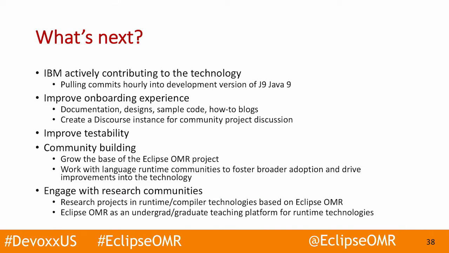Okay, so looking forward to where this is going. This is nowhere near the end, it's just the beginning of this technology. IBM itself is still very actively contributing to the technology. Not everything that we wanted to open source did get open sourced. We're still working on a lot of cool stuff.